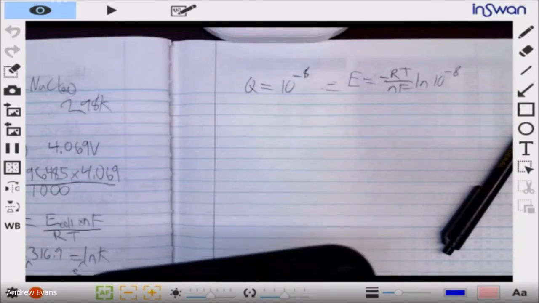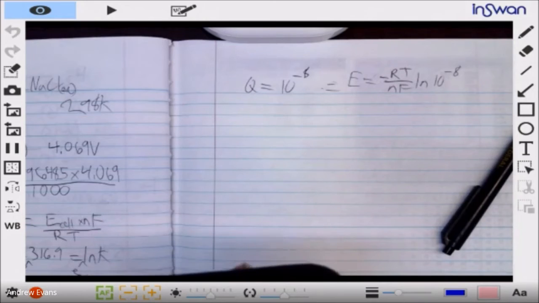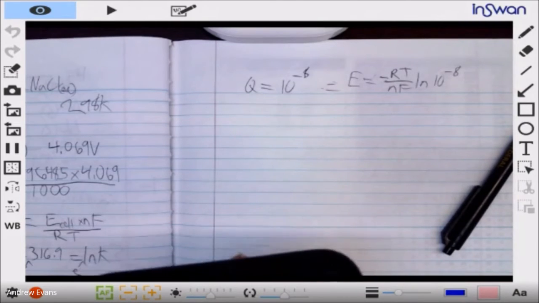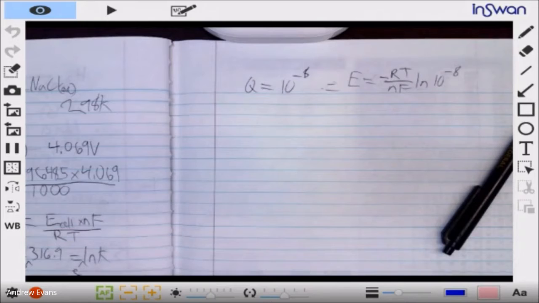So 8.314 times 298 divided by 2 divided by 96485 times ln 10 to the negative 8.